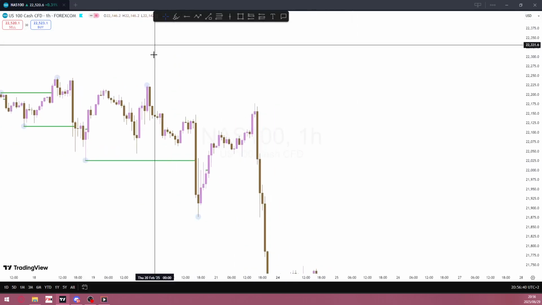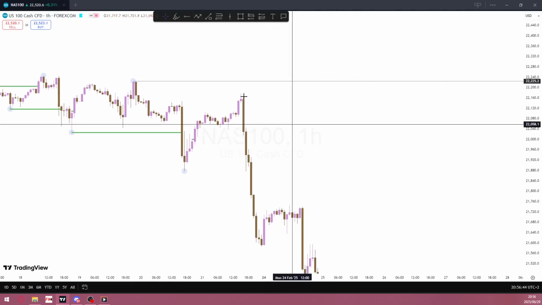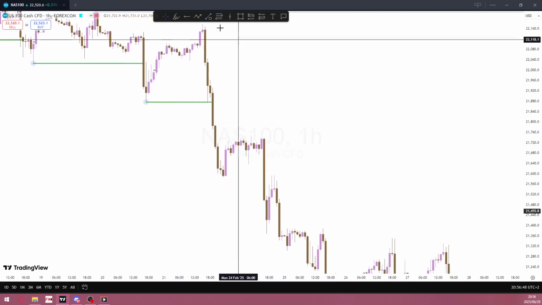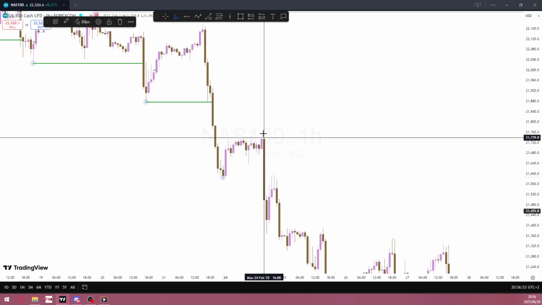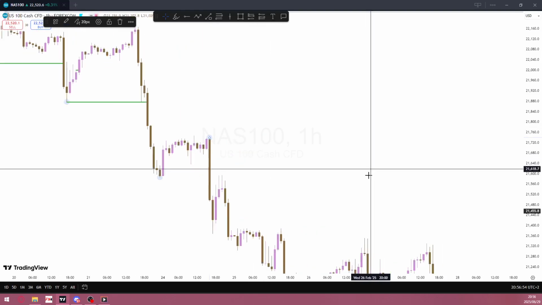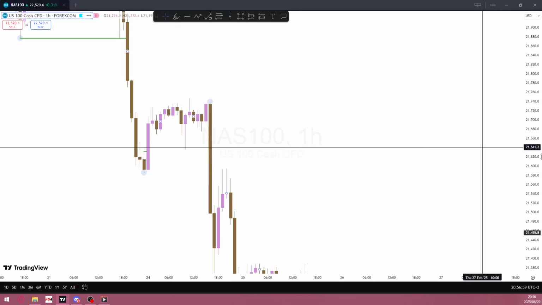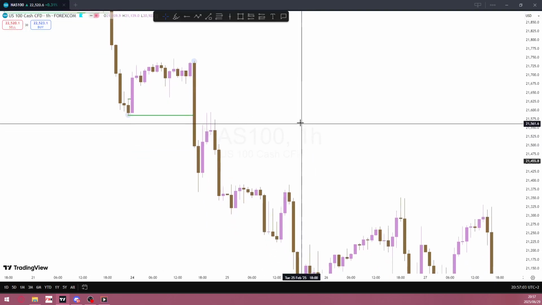Then from there, we get the protected high that holds, and the targeted low that gets taken out. Again, valid low. Why is it a valid low? Simple pullback rule. This then becomes the targeted low. Price then targets it, takes it out.